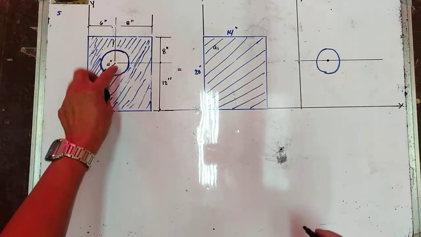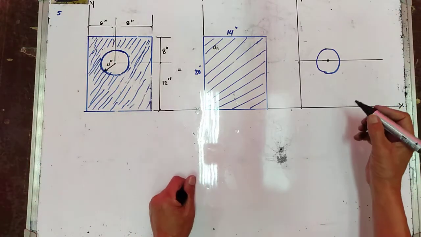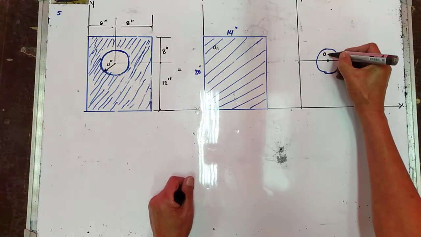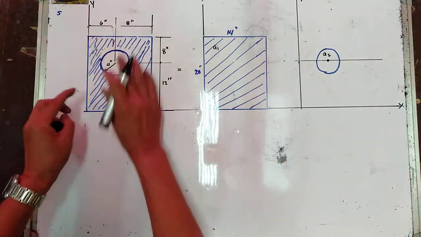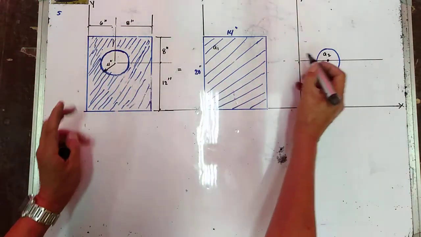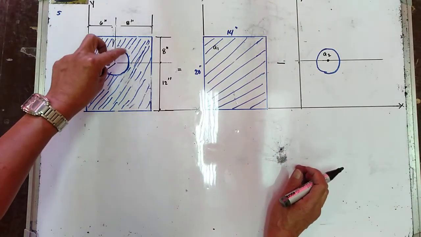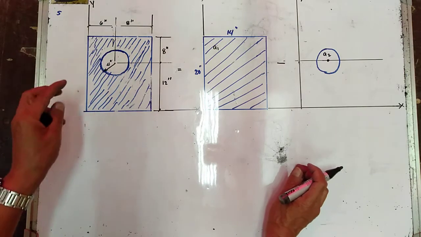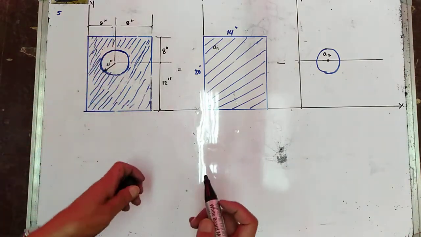And I am going to get the circular area, or your hole, as area 2. Such that the whole area minus the area of this circular section is equal to the net area of this one.